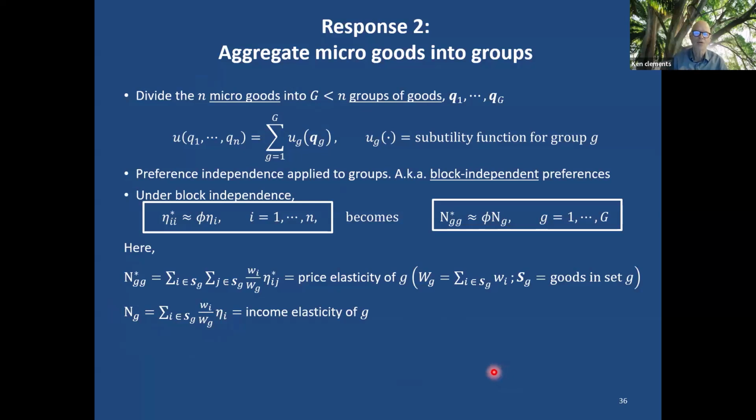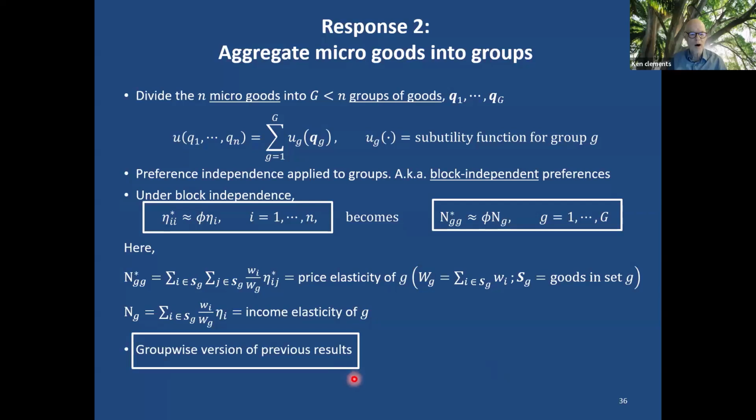We could have AIDS for that. We could have the Rotterdam model, or we could have a number of other models for the more finely defined commodities. CES is a popular choice also for those demands for the more micro commodities.